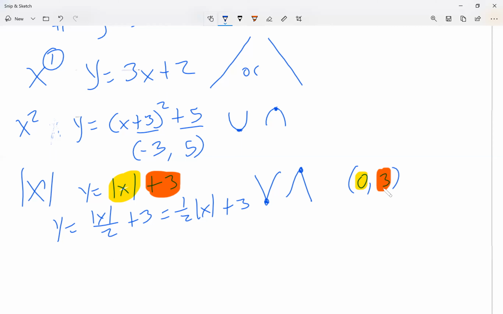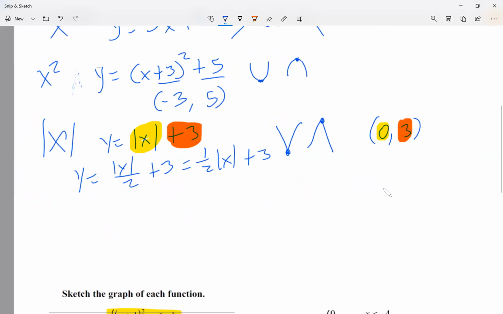Now the last one, because I said we're going to be looking at 5 graphs. The last one is when I have a number over x. So I have a fraction and x is at the bottom. Okay, now this graph, an example, y equals 3 over x plus 2.